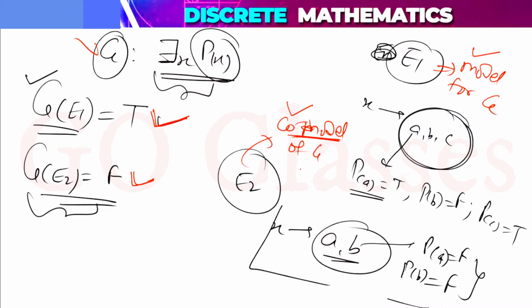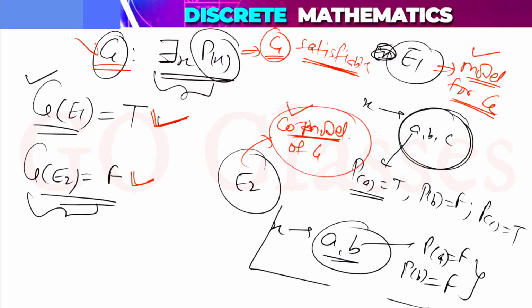But you can see that for this formula G, there exists a model. Because there exists a model, I can say that this formula G is satisfiable. Satisfiable means we can satisfy it, we can make it true in some model. And remember, there exists a co-model also.